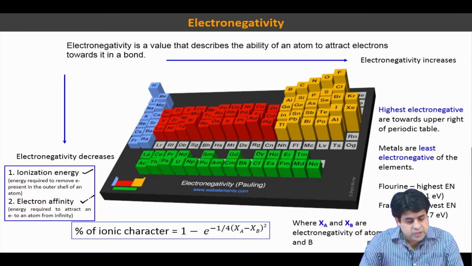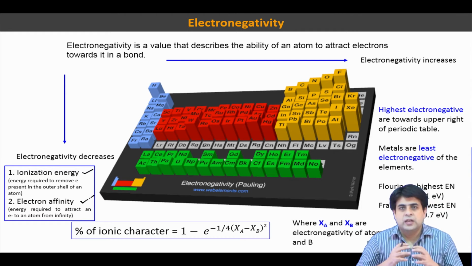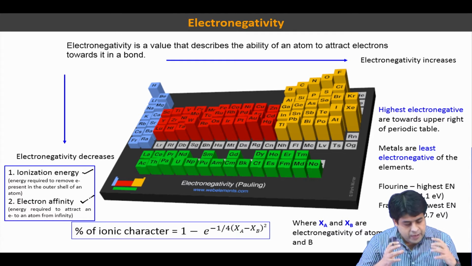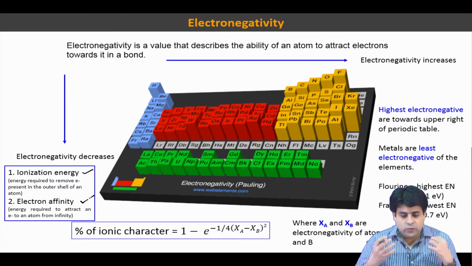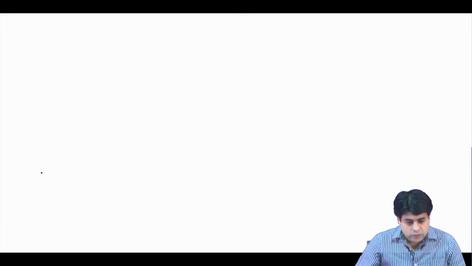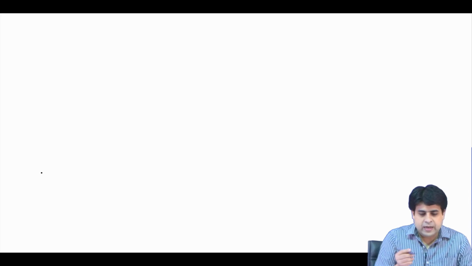Ionization energy is the energy required to remove an electron present in the outer shell, whereas electron affinity is the energy required to attract an electron to an atom from infinity.